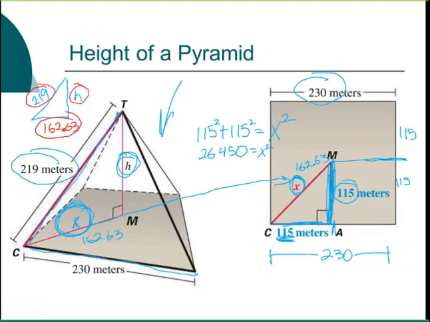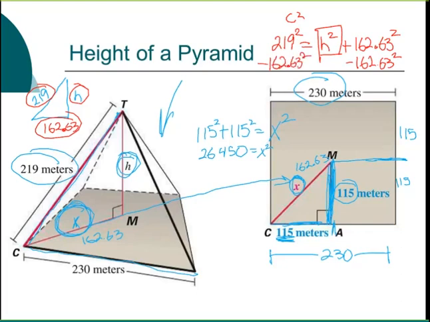So I say 219 squared is equal to, because this is my c squared, my height squared, which I don't know, plus 162.63 squared. If I get h squared alone, I would subtract the 162.63 squared to the other side. So minus 162.63 squared.